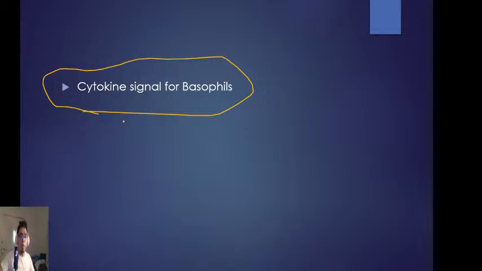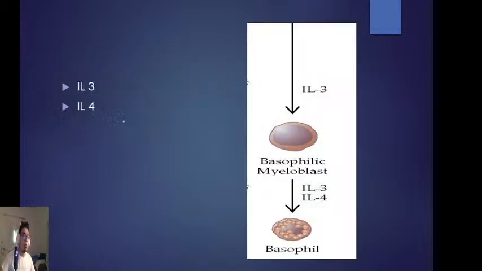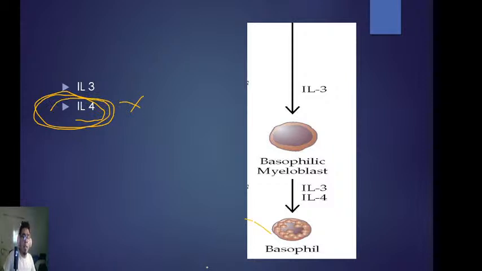The student asked, how do I answer that? Interleukin 3 and interleukin 4. If it's asking for a specific one, unique to anything related to basophilia, include interleukin 4. Cool?